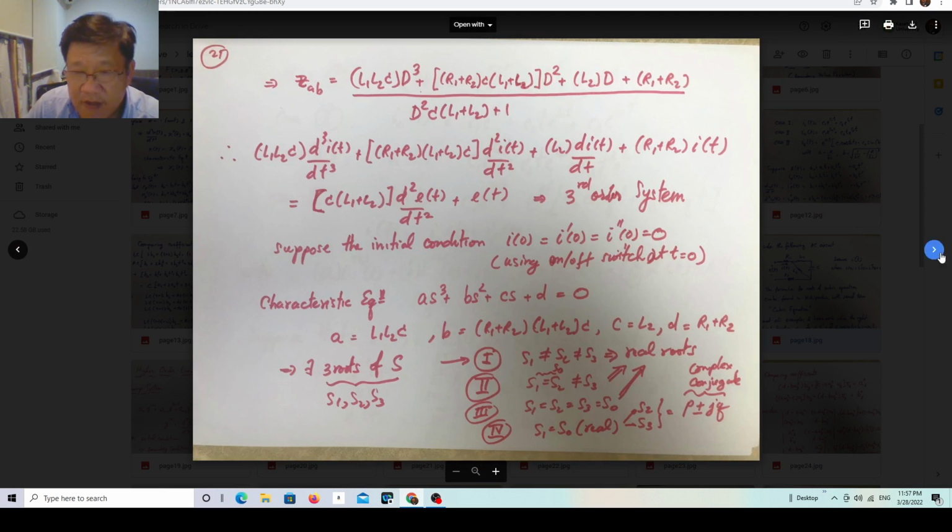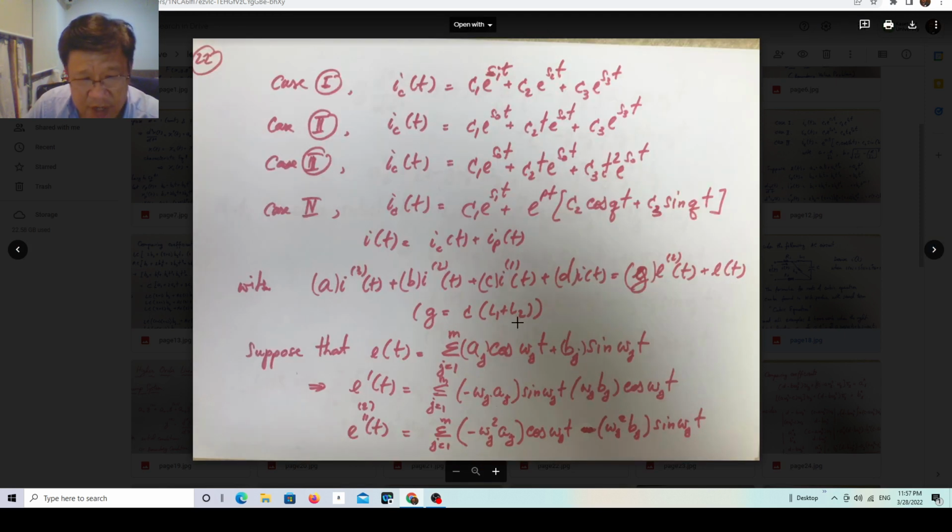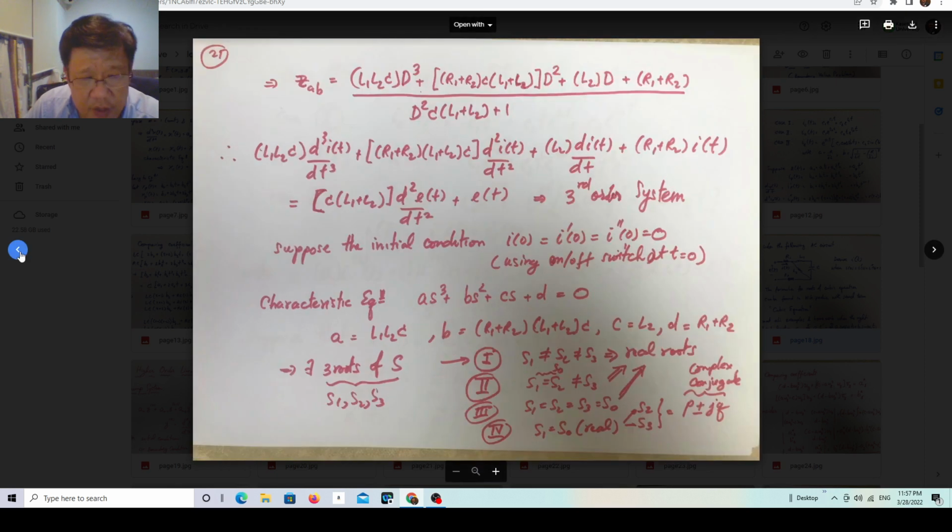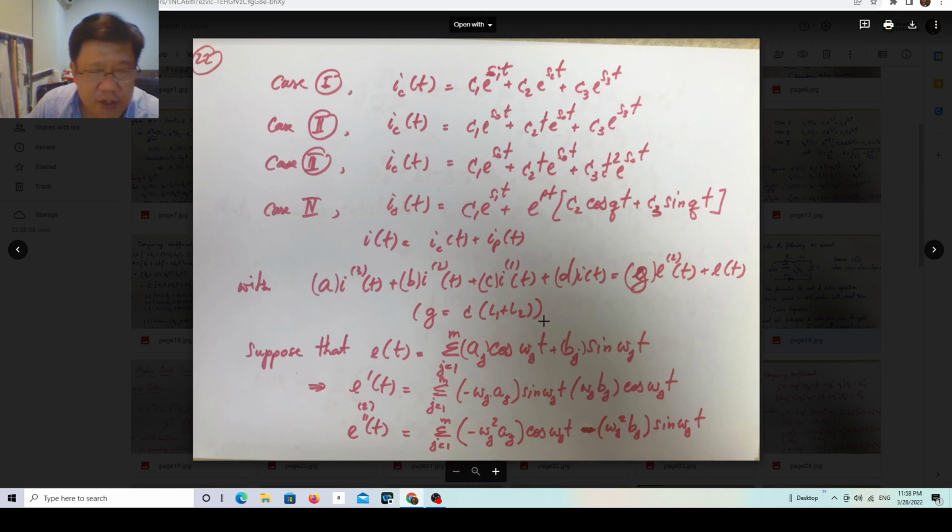This one is a new definition of c times the summation of l sub 1 plus l sub 2, which appears here. This just simplifies the notation before further derivation.